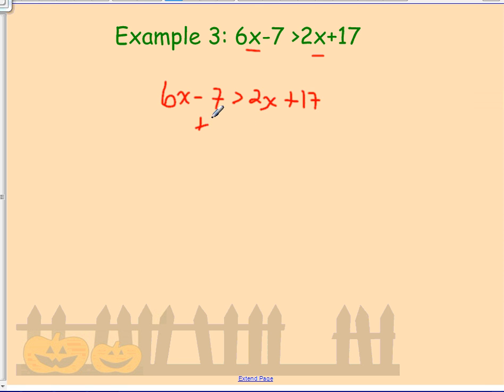So I'm going to add 7. I want to avoid negative numbers, so I always try to do the steps that will avoid those negative numbers. So then I have 6x is greater than 2x, and 17 plus 7 is 24.